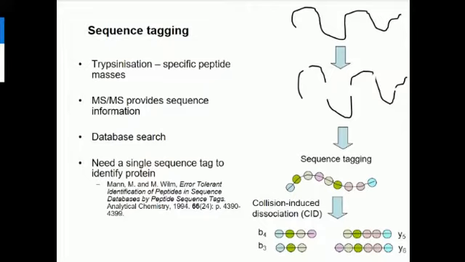Okay. So if you go into the literature and look at this paper, you'll find that those researchers calculated that you only need a short length of amino acid sequence to be able to identify the protein. So if you know 6 consecutive amino acids, that should be sufficient to identify your protein.